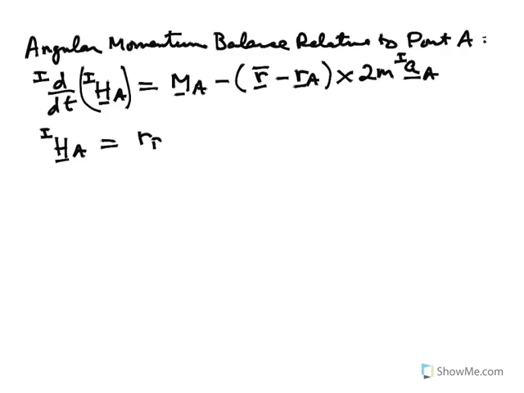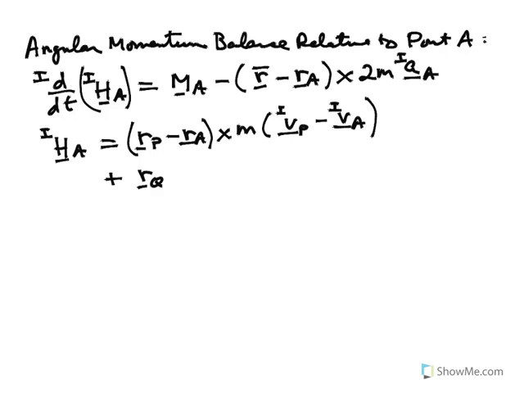It's equal to RP minus RA, because there's a mass at point P, crossed with the mass at point P times the velocity of P in I minus the velocity of A in I, plus RQ minus RA crossed with the mass of Q, which is also M, times VQ in I minus VA in I.